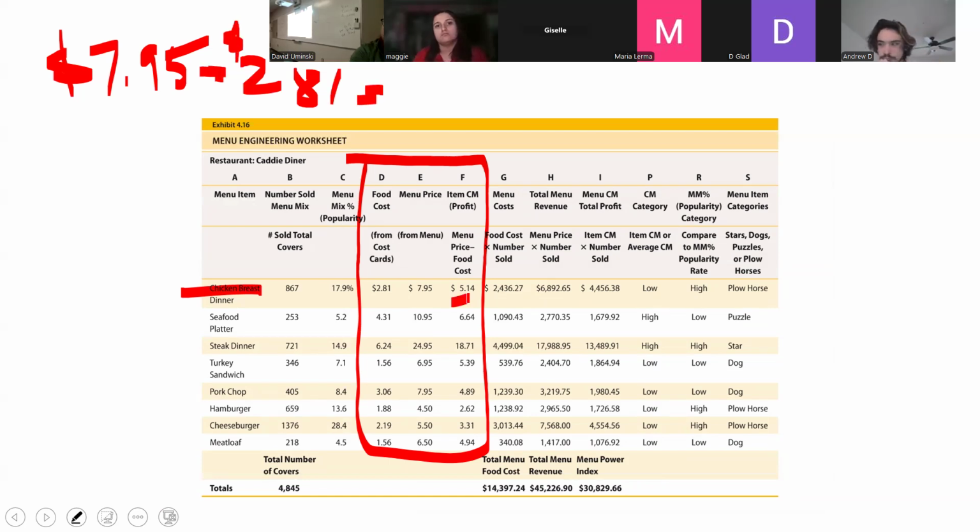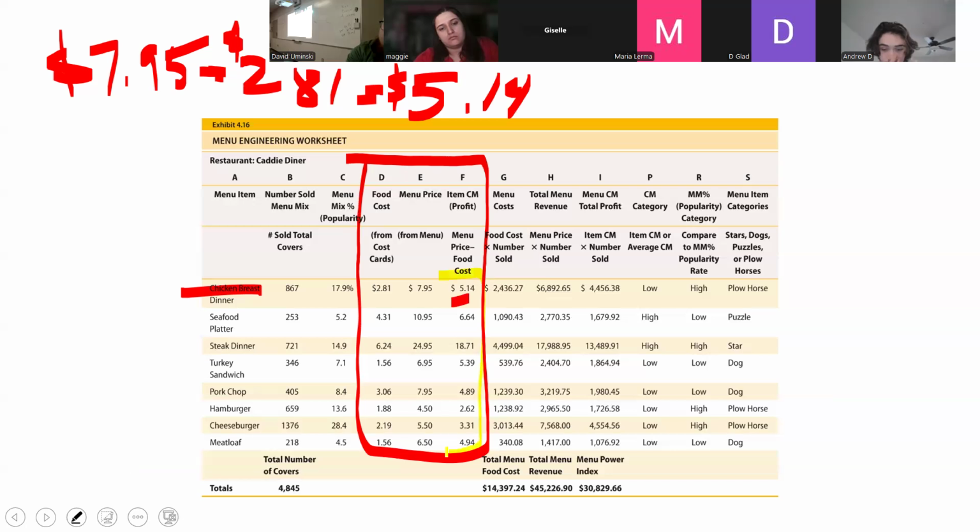And so my contribution margin is $5.14. Do we see how that works? Simple subtraction. What I sell it for minus what it cost me to make, that's what's left over. That's my contribution margin. Okay. So I do that for all of my items.